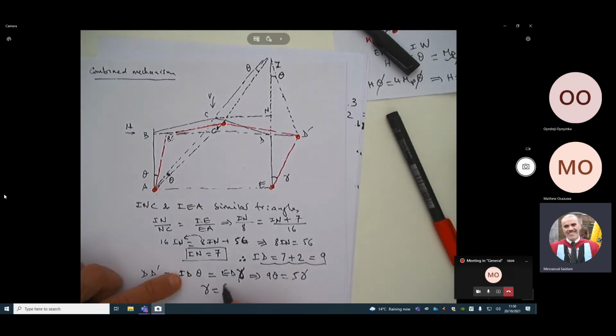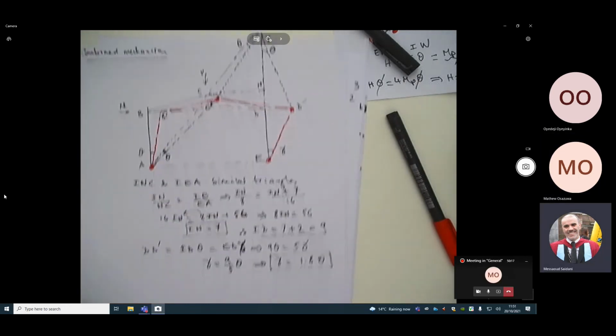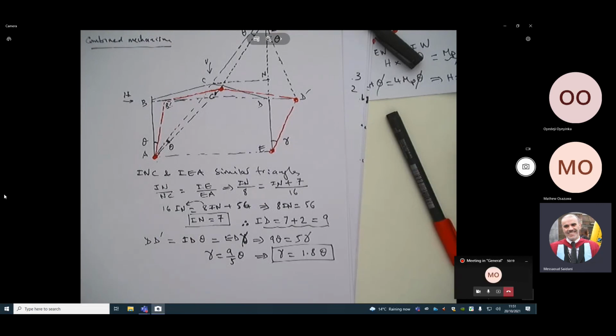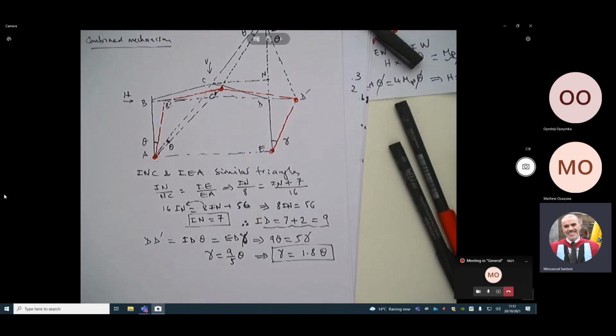So what is gamma? 9 over 5 theta. 9 over 5 is 1.8. So gamma is 1.8 theta.